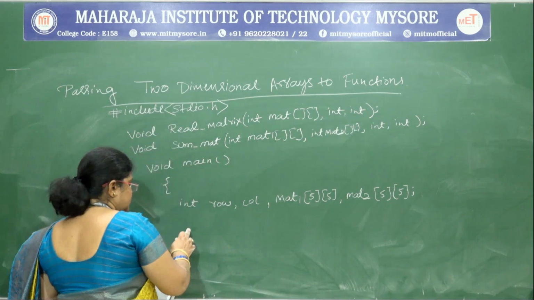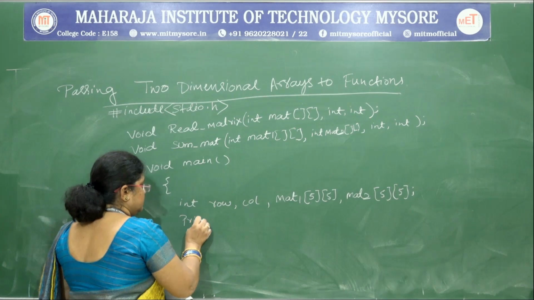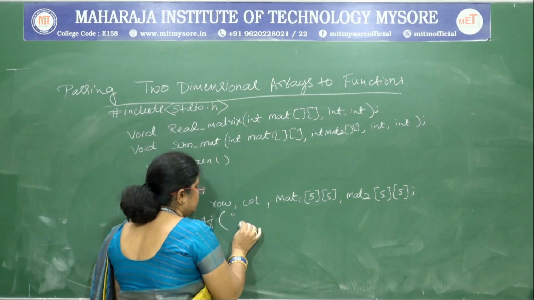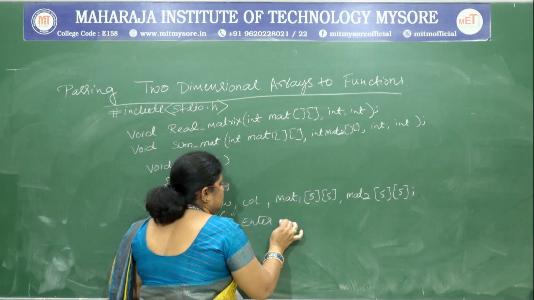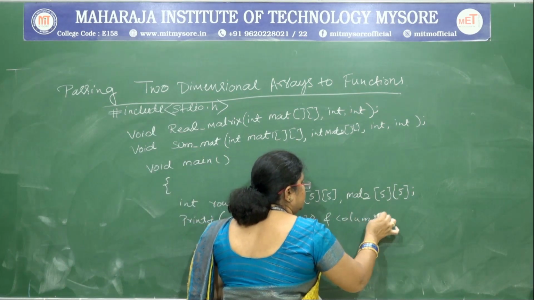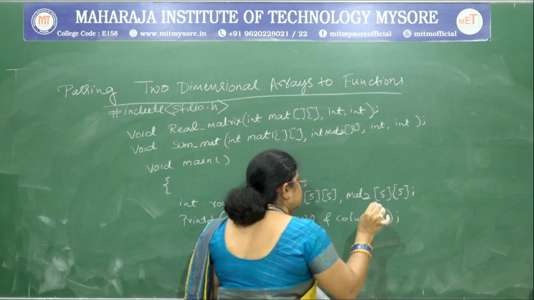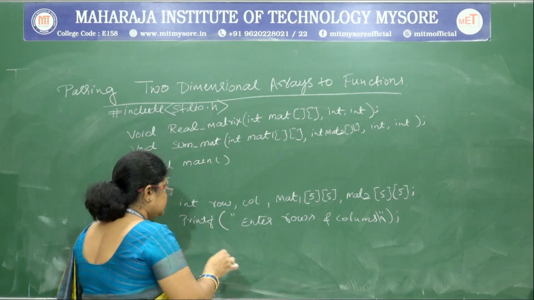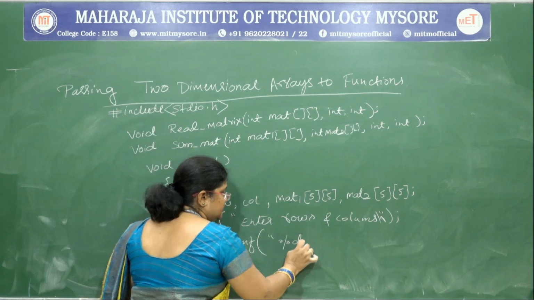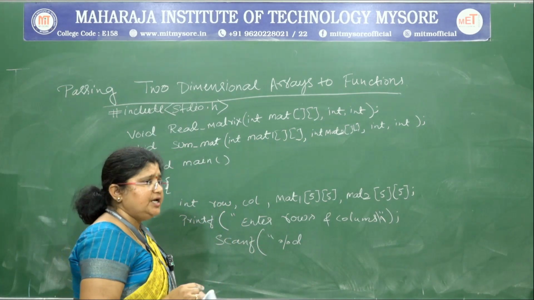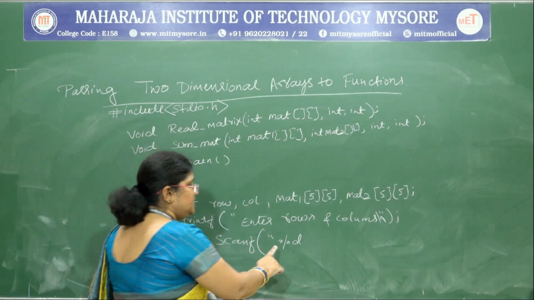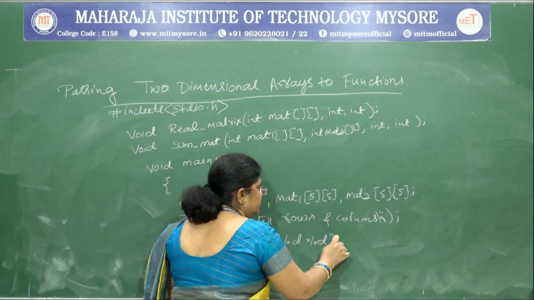The next step is printf: enter the number of rows and columns. It's just a printf statement. Then by using scanf, we are going to use %d. %d is a format specifier that represents an integer.